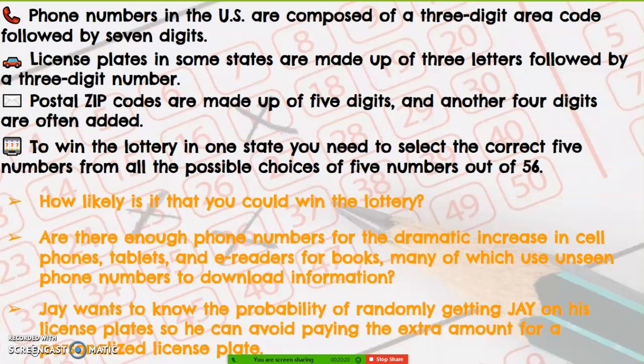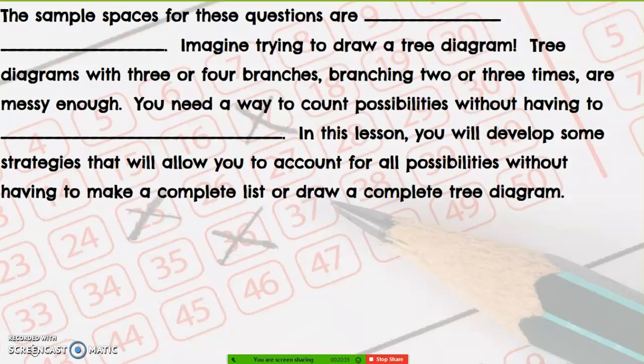Imagine trying to make a tree diagram for these situations. What would be the problem? What would be the issue with making a tree diagram? The issue would be the sample spaces for these questions are very large. You would need a tree diagram with 3 or 4 branches, branching 2 or 3 times.